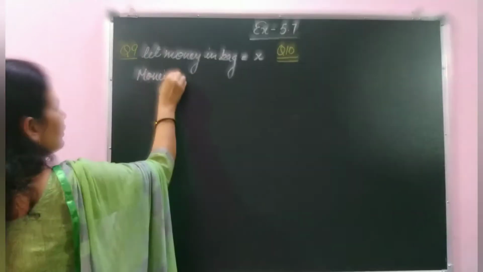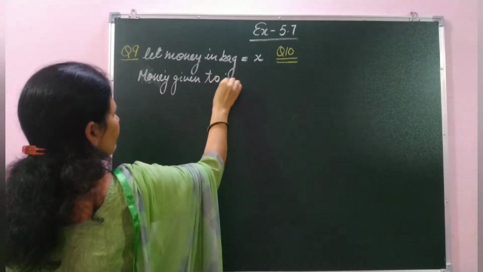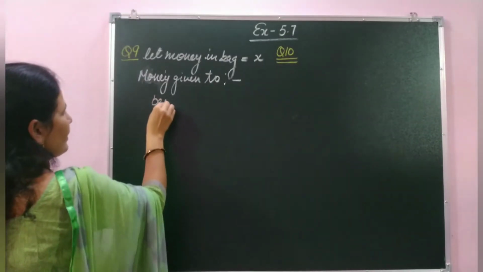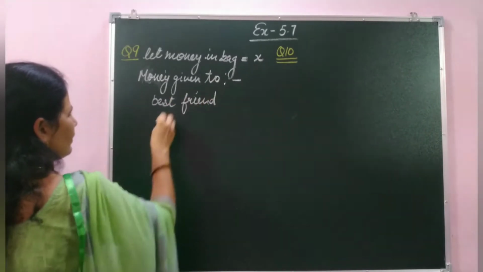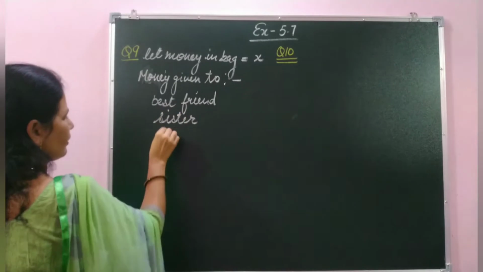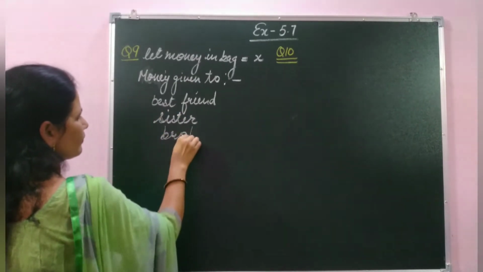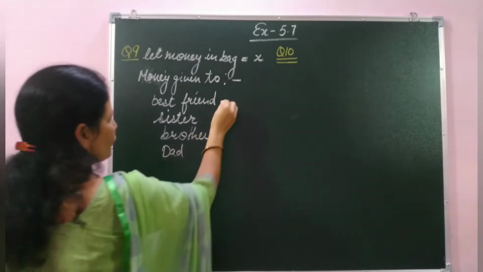Here we will write money given to first best friend, sister, brother, and then dad. Okay, students.